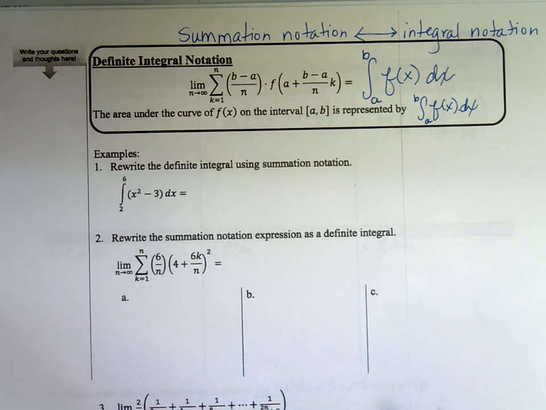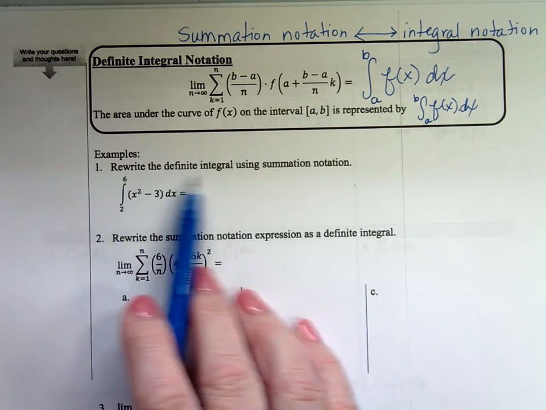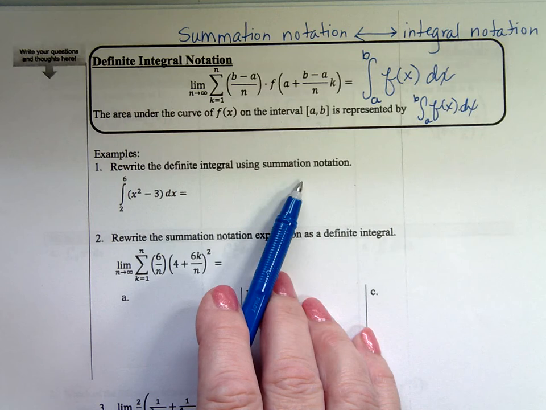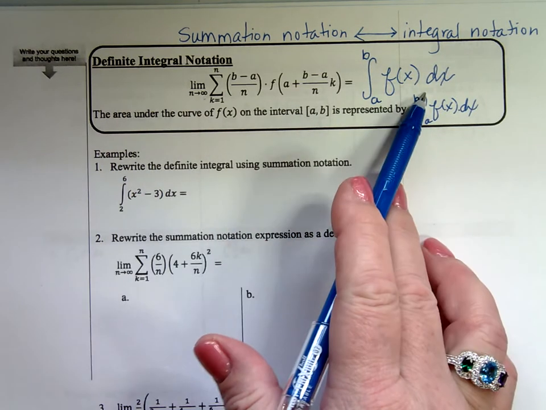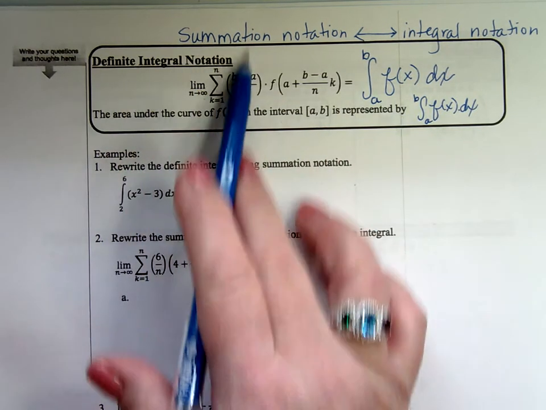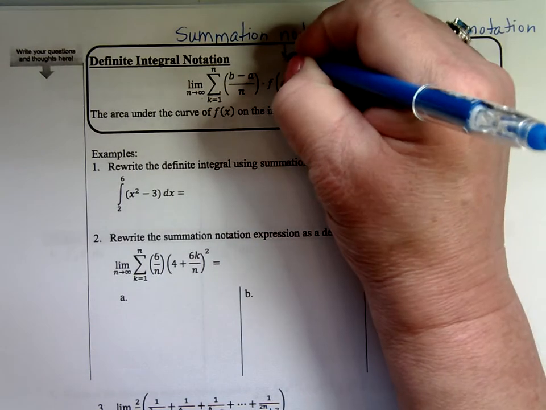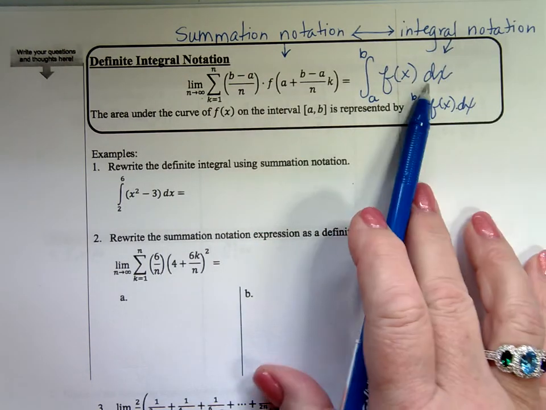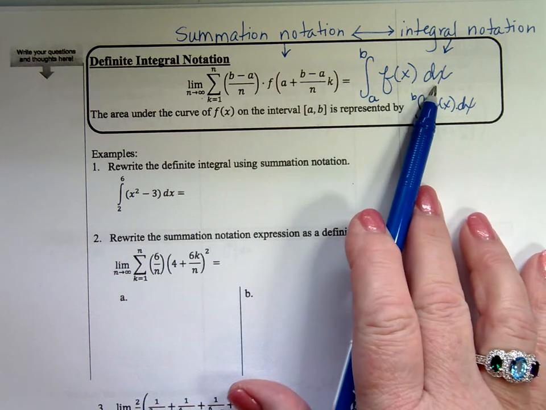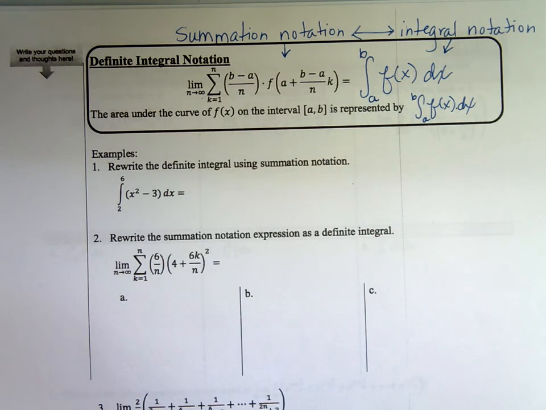All right, here's where it gets a little odd in the midst. We want to rewrite this definite integral using summation notation. Well, this is integral notation, and this is my summation notation. I want to take it from integral notation and write it as summation notation.